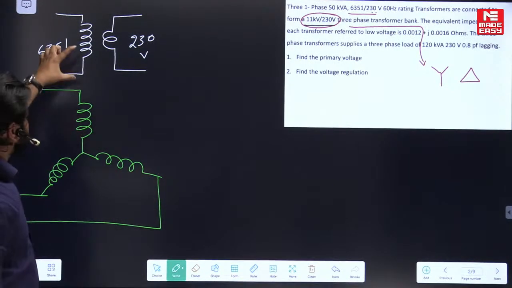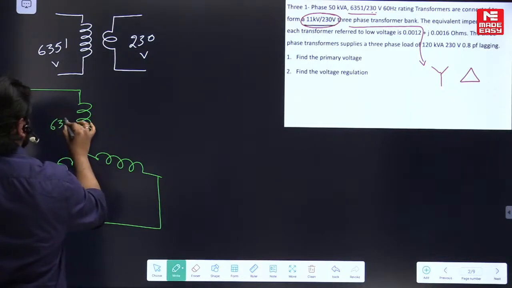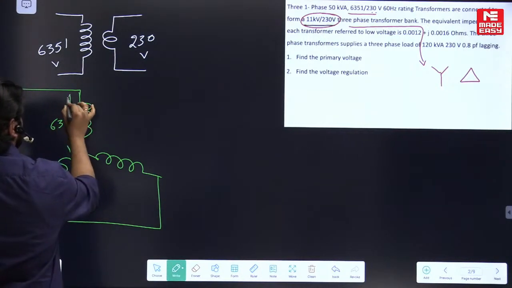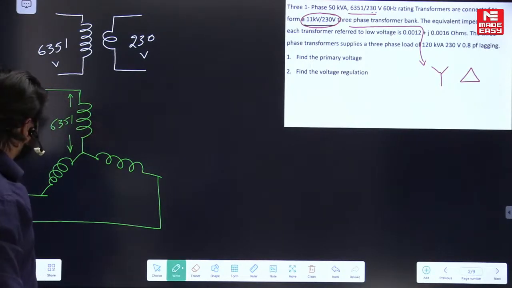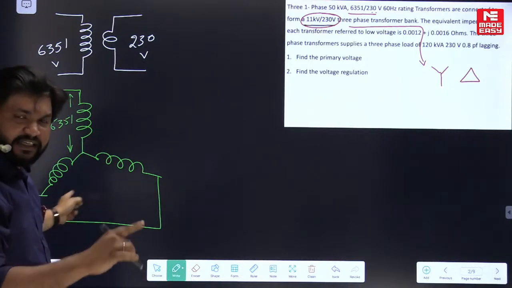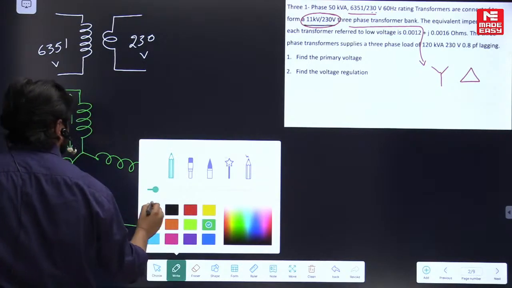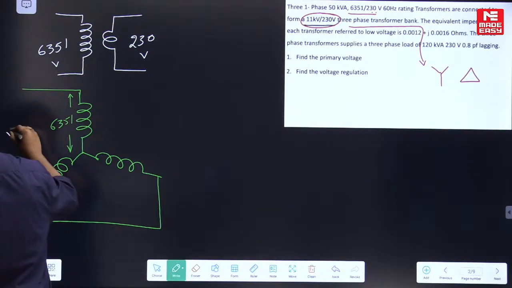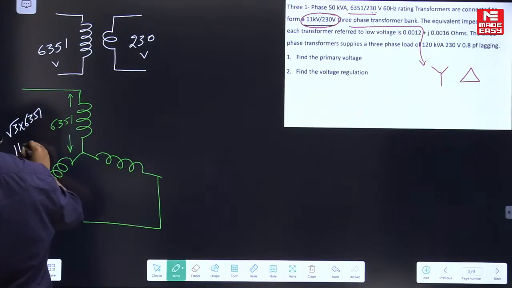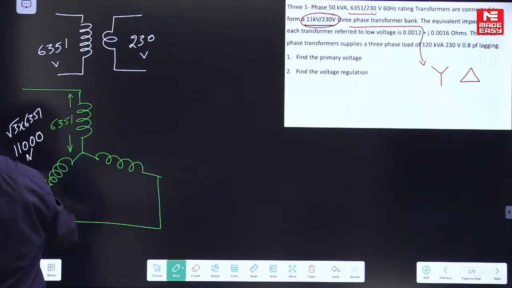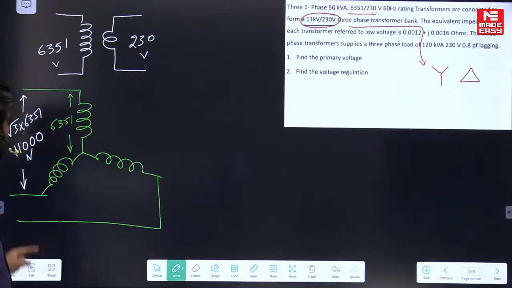Across a phase 6351. As this is star, across a phase 6351 means across the lines root 3 times 6351, which is 11 kV.